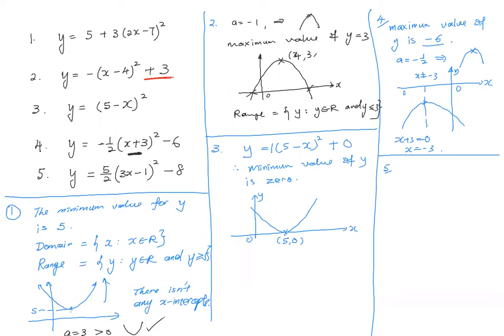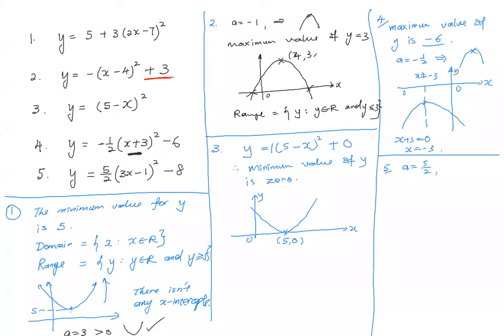So number 5. It has 2 x-intersections. Why? Because the minimum point is -8. Sorry, the minimum value. a is equal to 5/2.